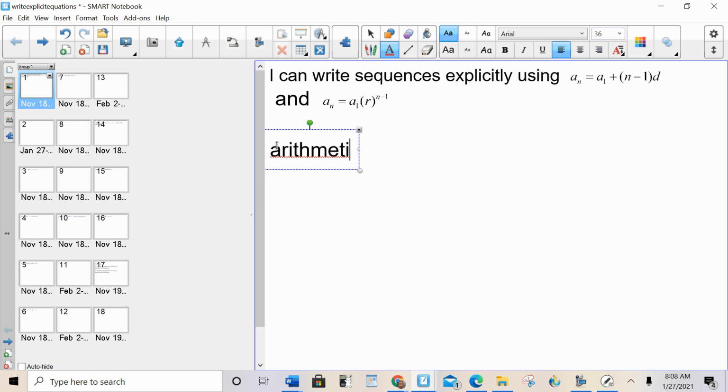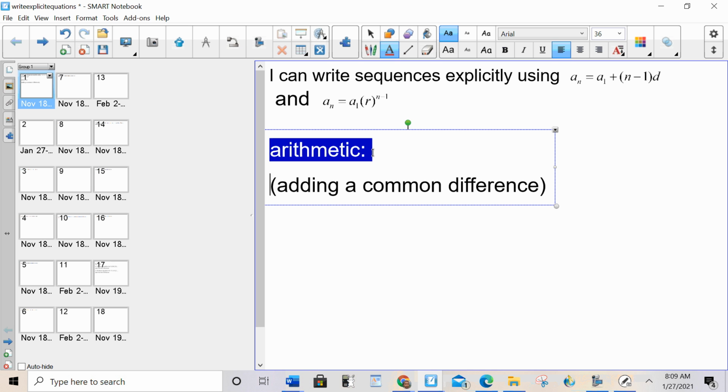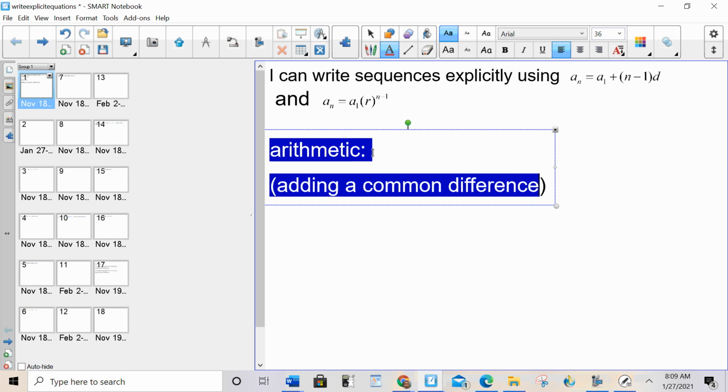Arithmetic is when you are adding a common difference, and geometric is when you're multiplying by a common ratio.